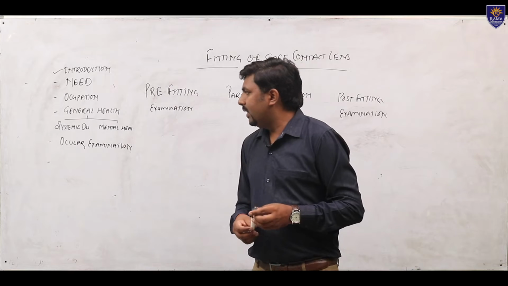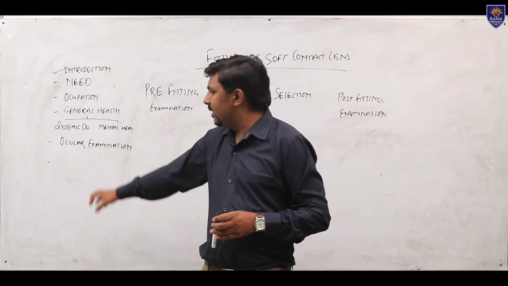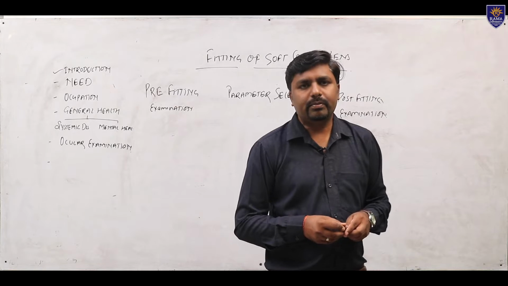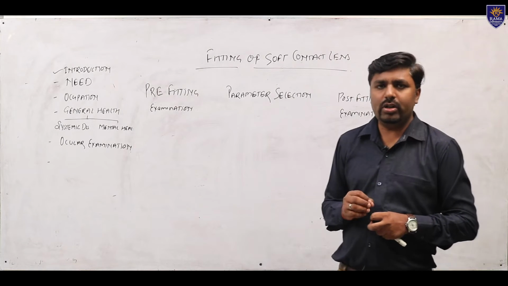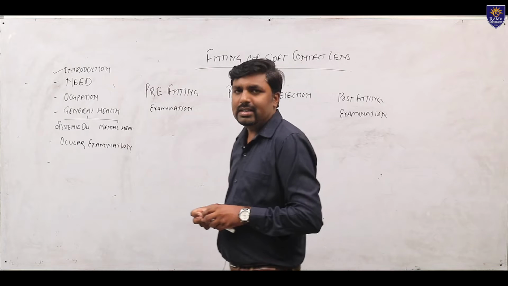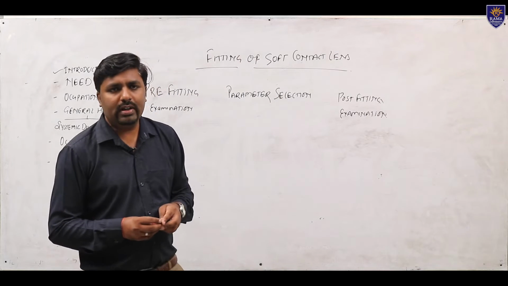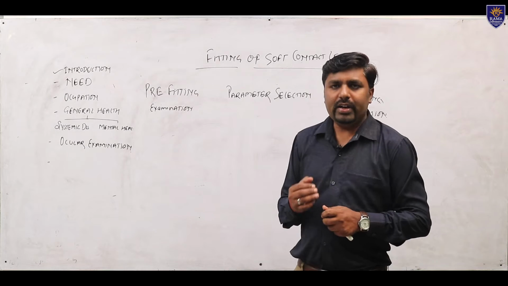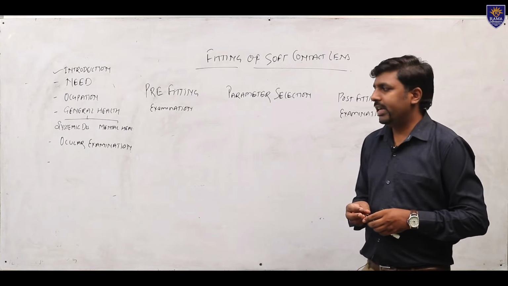First is systemic health and ocular health: does the patient have any disorder or not? Second is mental health. Is the patient mentally stable or not? If not, it will affect the care and maintenance of contact lenses.